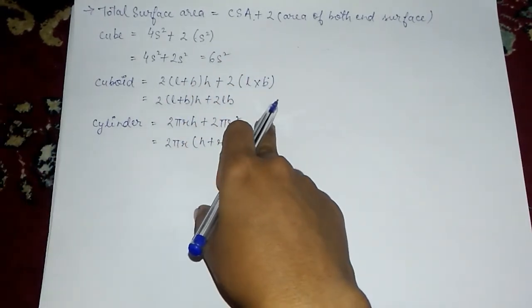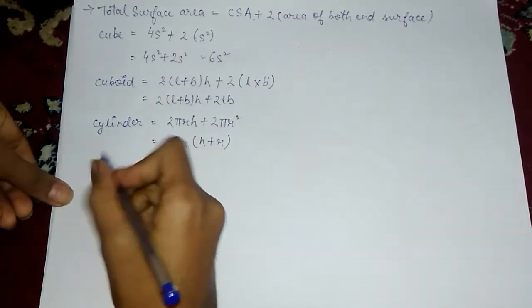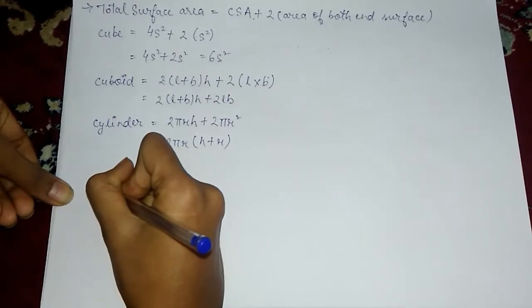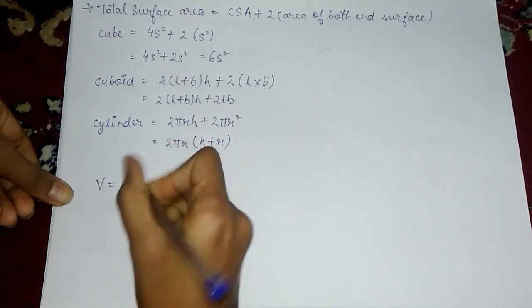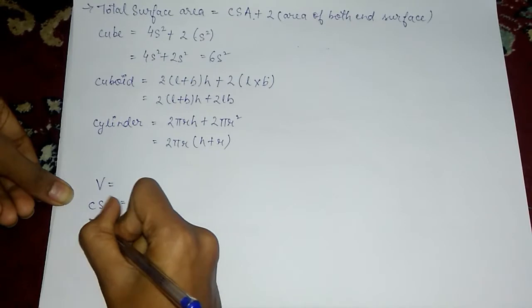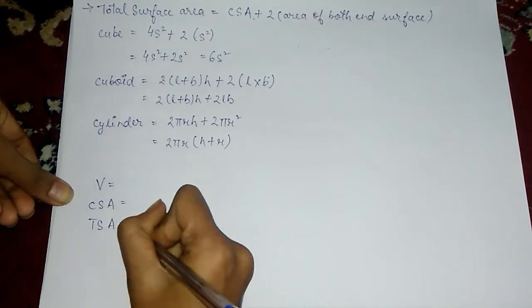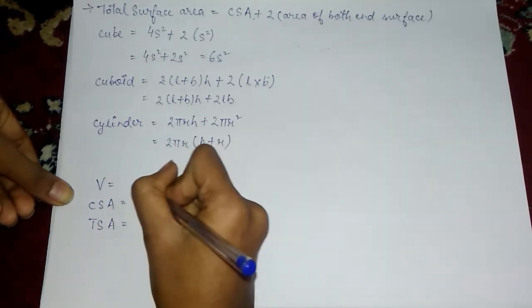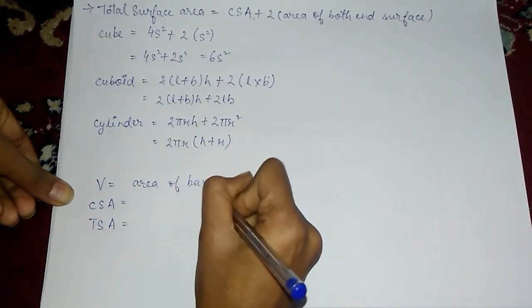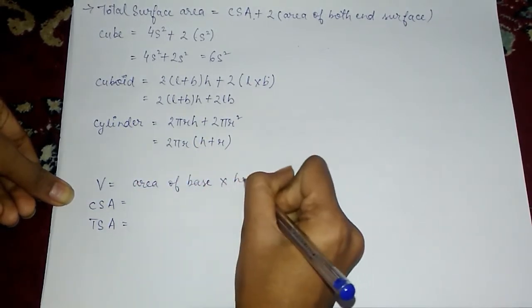So I told you 3 basic formulas. I will just rephrase those 3 formulas for volume, for CSA, and for TSA. Volume, area of base into height.